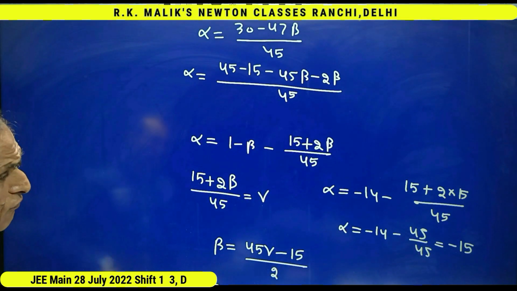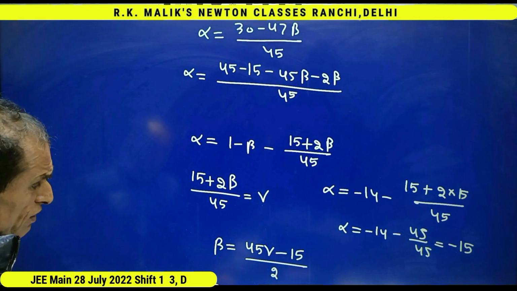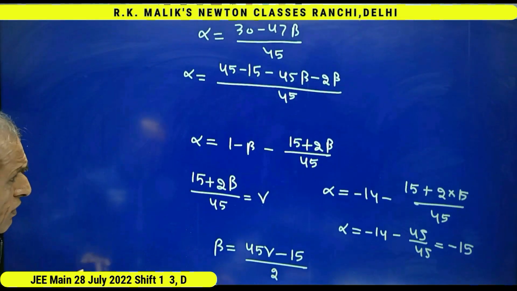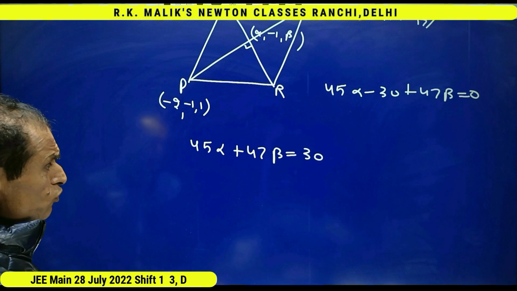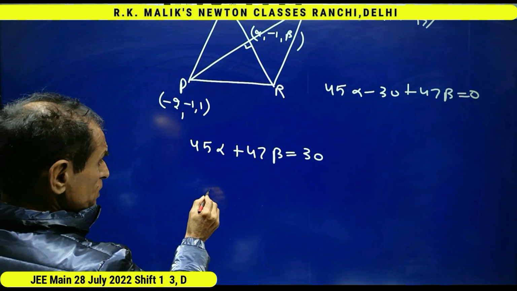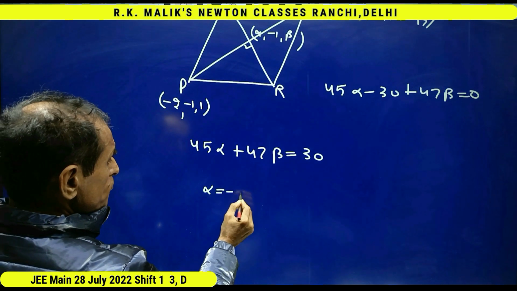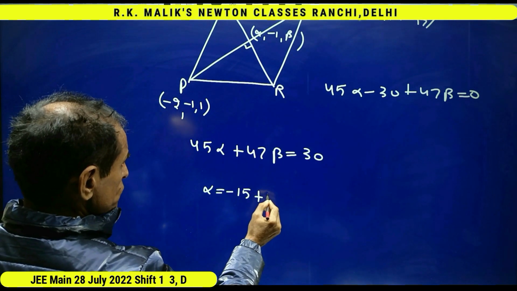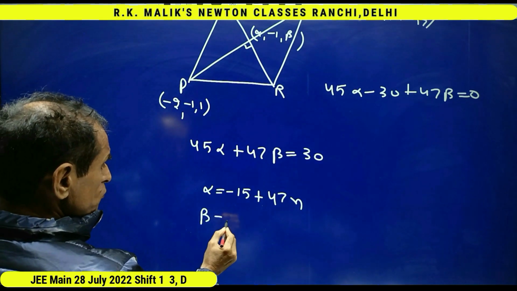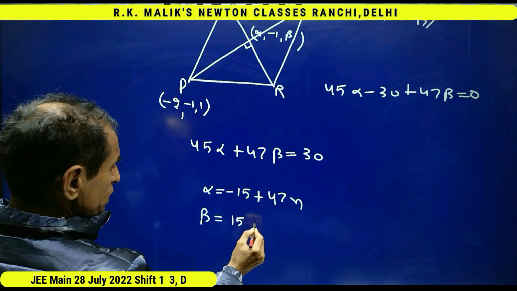Hence the value of alpha you have got is minus 15, and the value of beta also you have got equal to 15. And as I told in the very beginning, the general solution of this equation will become alpha equal to minus 15 plus 47n, and beta equal to 15 minus 45n.